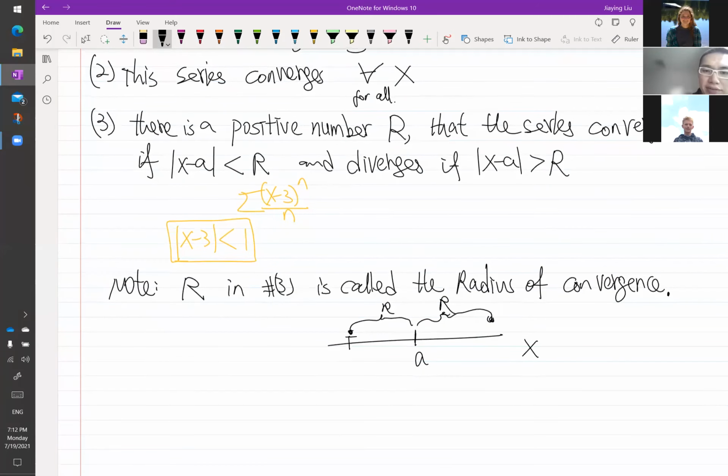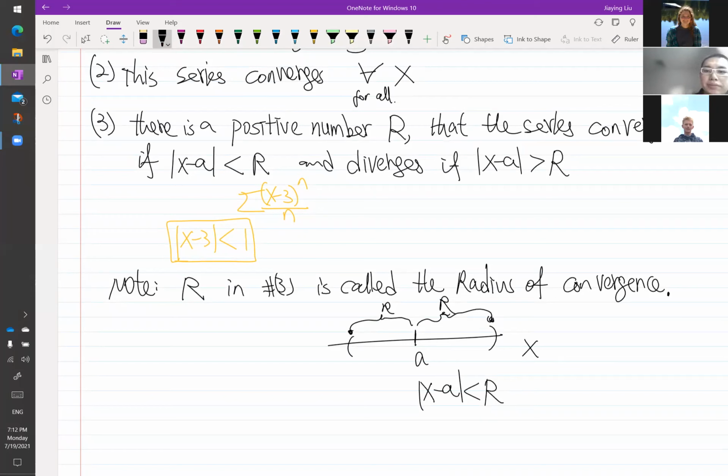So for any x value between them, with absolute value of x minus a less than R, I probably should exclude the endpoints for this particular example.